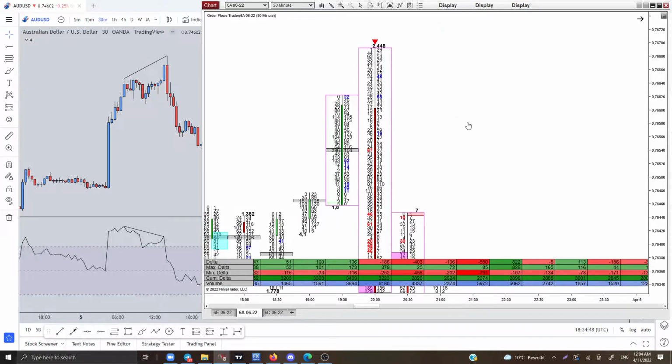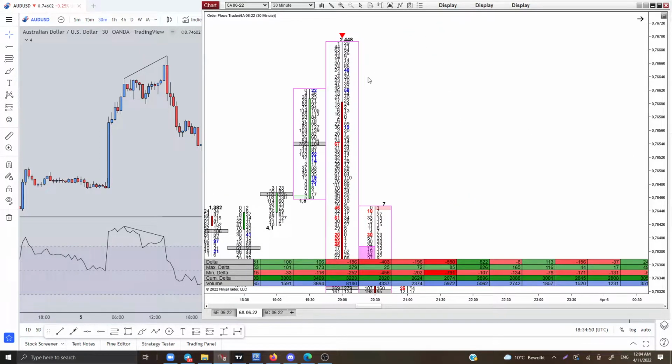Here, let's check. We have these buyers, 48 buy contracts, 58 buy contracts. These are trapped at the high of the candle, the right wick of the candle, because the candle closed bearish. So that means these were the last buyers who tried to push the market up, but the candle closed bearish.